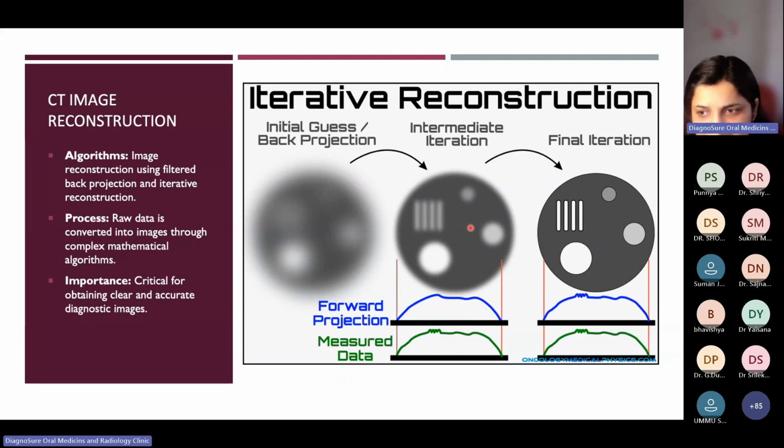It is a more advanced approach that starts with an initial guess of the image, then refines it step by step by comparing the guess with the data and making corrections. This is an entirely computerized process and it takes very few minutes. These algorithms are critical for converting raw data into high quality diagnostic images. This is all done by mathematical algorithms which process these images.